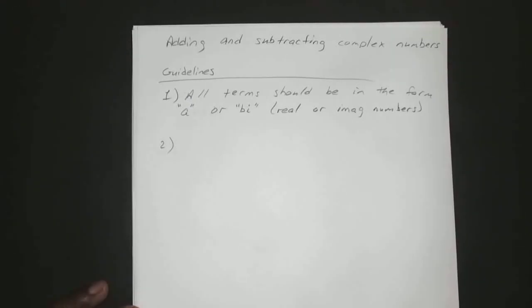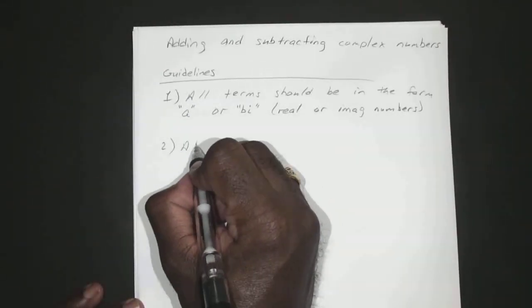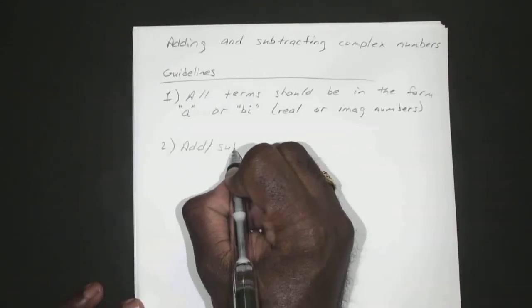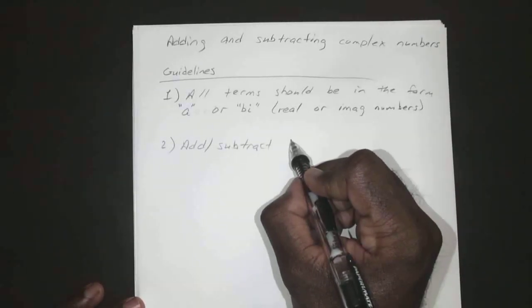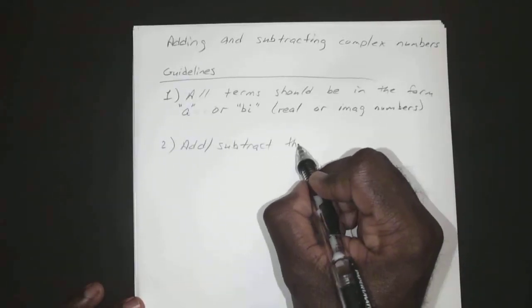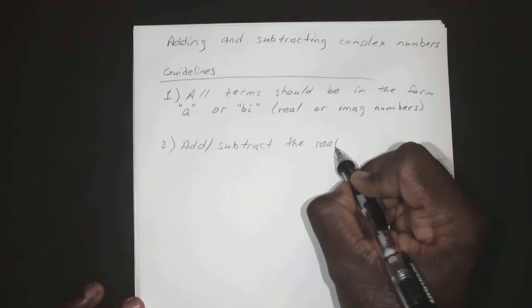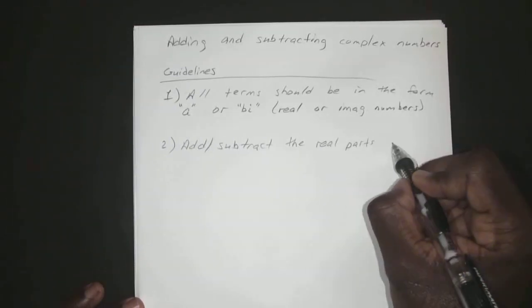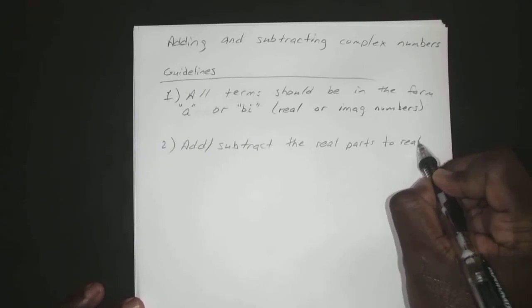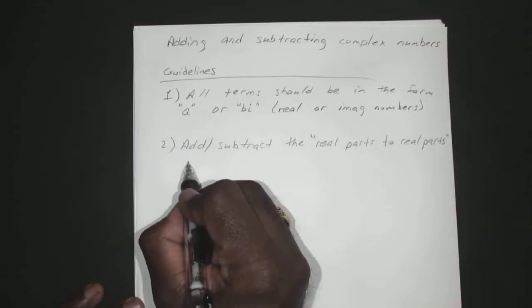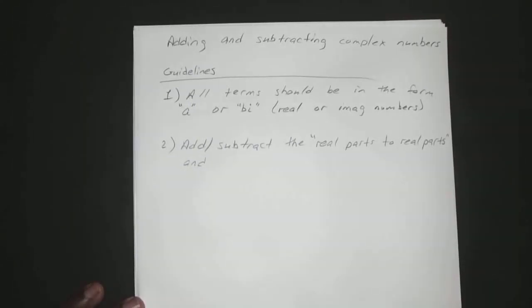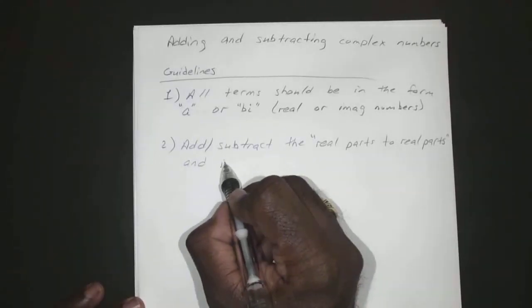Okay. And two, then you're going to add your real numbers together and your imaginary numbers together. Add or subtract the real parts to real parts and imaginary parts to imaginary parts.